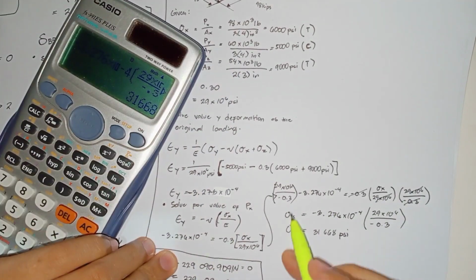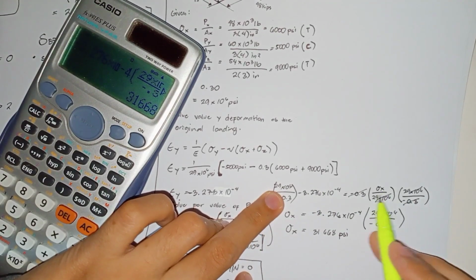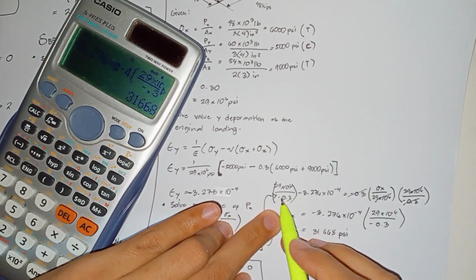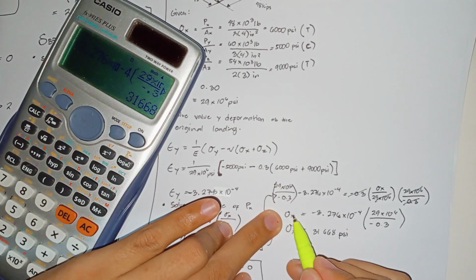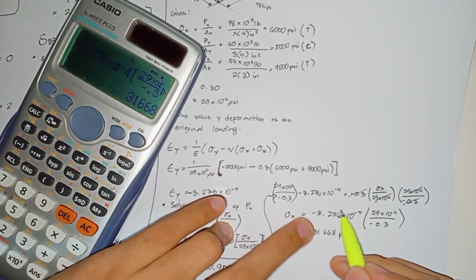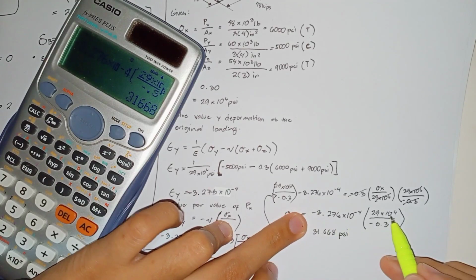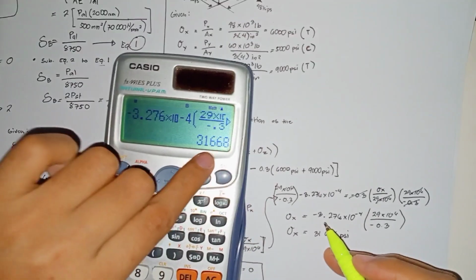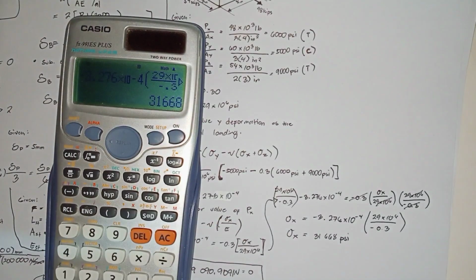Nag-multiply tayo ng value para ma-cancel natin at walang maiwan kay stress of x. And then, nilipat lang natin siya sa kabila. So, pinagpalit natin sila rather. So, naging stress of x is equal to yung sa kabilang side. So, negative, lagay natin dito. Multiply, ito siya. And then, simply calculator. And nakuha natin is 31,668 PSI.